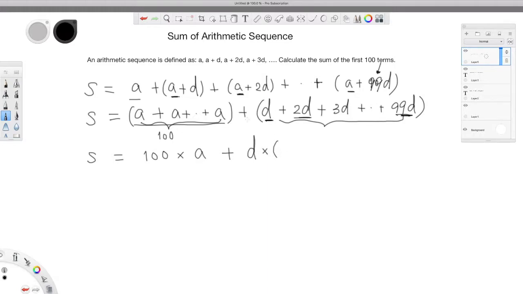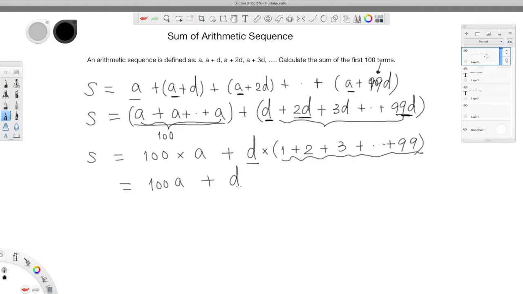We're going to take the D out, so inside will be 1 plus 2 plus 3 plus all the way to 99. So here's 100A, and now for this D times 1 plus 2 plus all the way to 99.